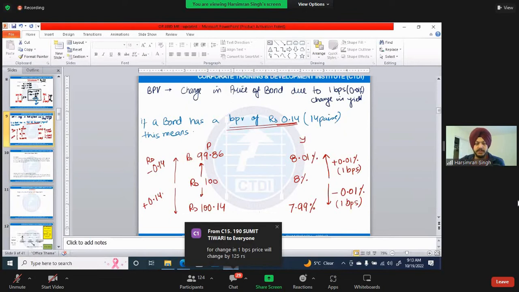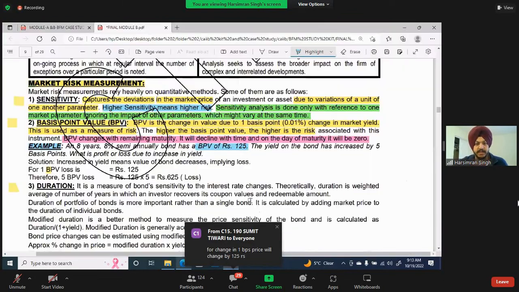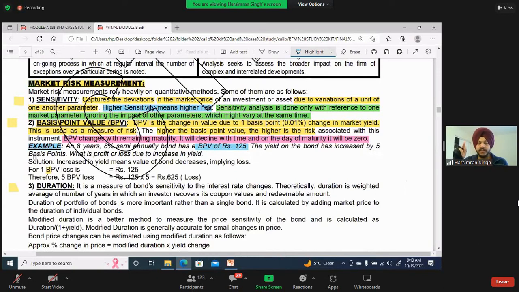Okay. So now he says the yield on the bond has increased by 5 basis points. We know that with 1 basis point movement, the price goes up or down by 125 rupees. For 5 basis point movement, the price will change by 625 rupees. Yes or no? Right.